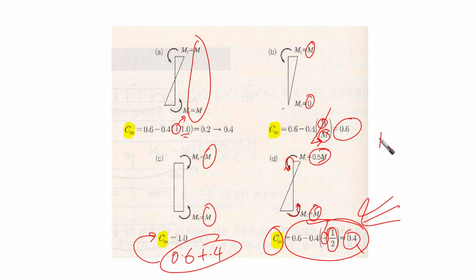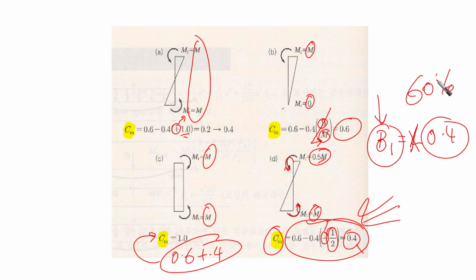It means that B1 is going to be multiplied by 0.4, means that we are going to reduce the amplified moment by 60%. Can you imagine? So can you imagine how much Cm is important? Okay, Cm is an important factor for beam column, as we were using for Cb, for example, before. Right. So it is taking into consideration the moment distribution and where the maximum moment is going to occur.